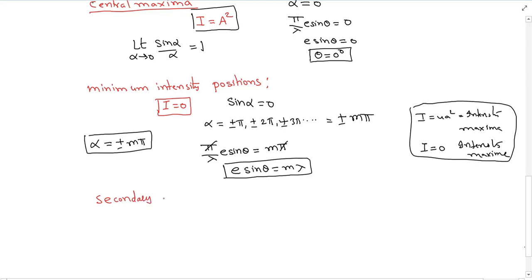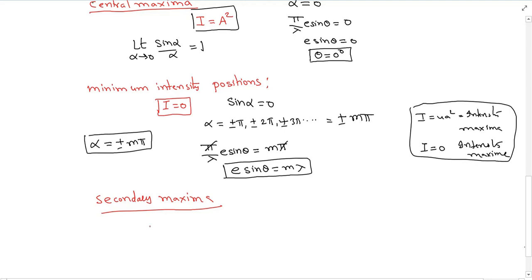Secondary maxima, right? In addition to the principal maxima, we have secondary maximas, and these secondary maximas are weak compared to the primary maxima, and they are again going to stay roughly equally spaced between minima. These positions can be obtained with the rule of finding maxima and minima of a given function in calculus.